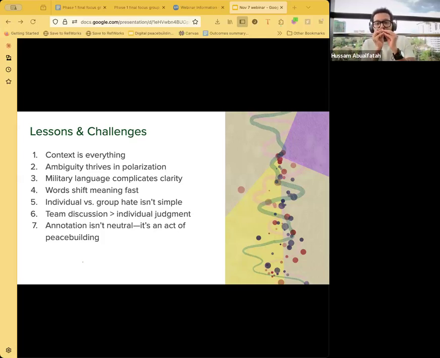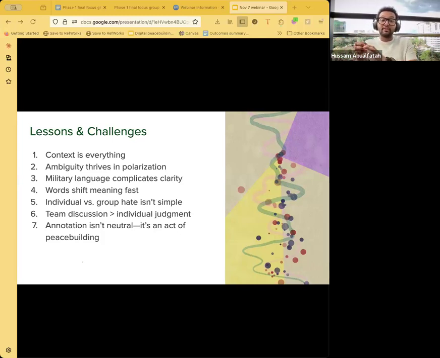Words change meaning in crisis. A political term can suddenly become ethnic. We faced that while we audited: there were lots of political words that shifted their meaning to become ethnic words after the war began.